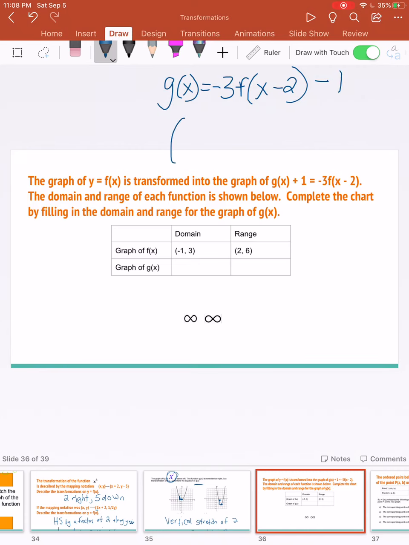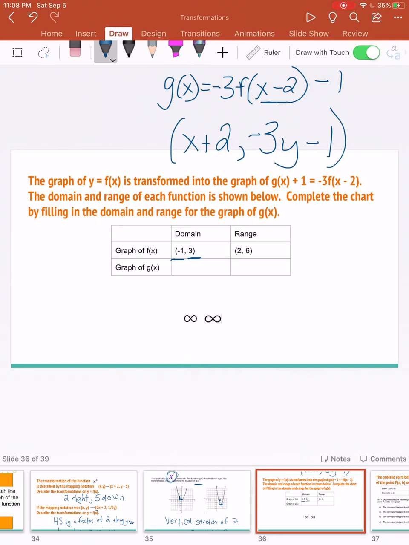Now we're going to make mapping coordinates from here. All right, so we have x plus 2 is my x value. And then my y value is negative 3y minus 1. There we go. Okay, so for my domain, remember, these are both x values.